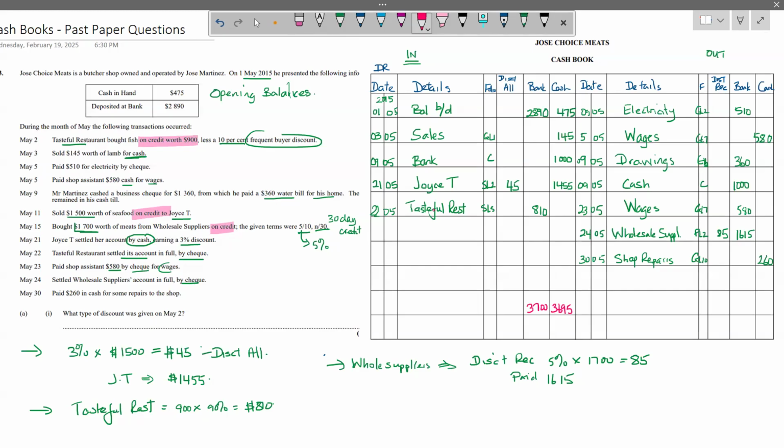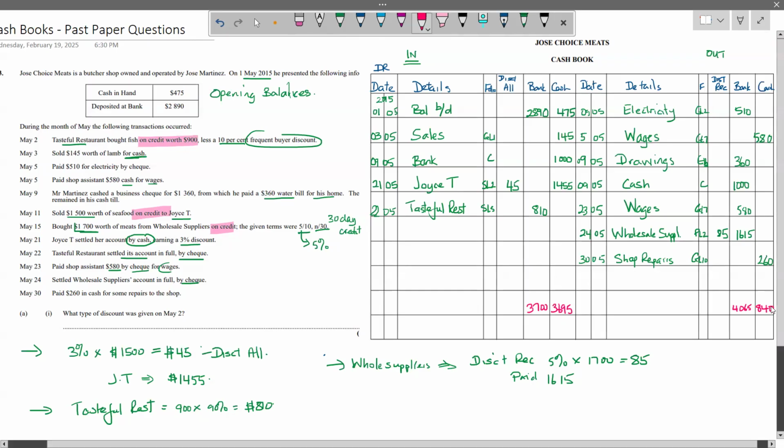Then I have 510 plus 360 plus 1,000 plus 580 plus 1615. We have 4065. And then for cash on that side, we have 580 plus 260. It's 840. So we compare now.